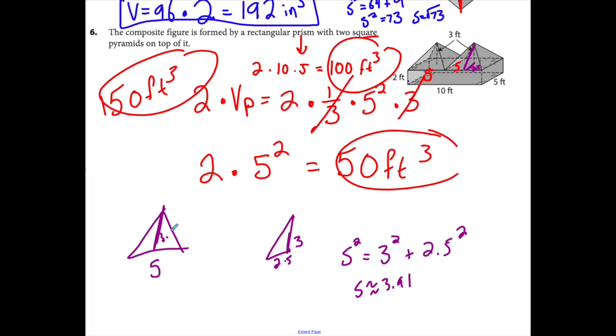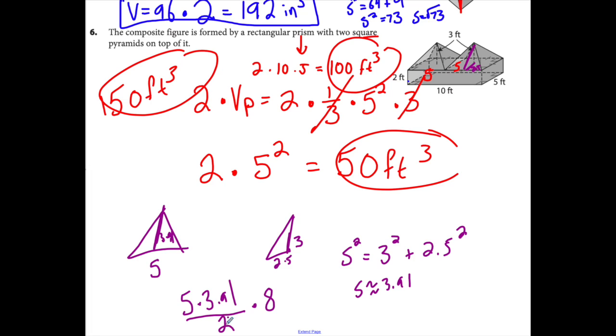So for the area of the triangle, I have 5 times 3.91 divided by 2. That's one of them. And then I have 4 for this pyramid, and 4 for this pyramid. So it's 8 total triangles.